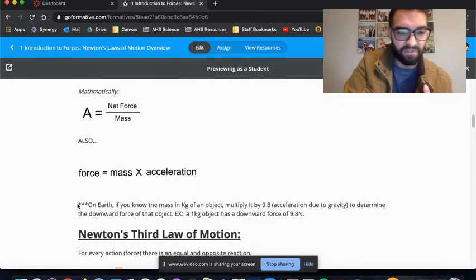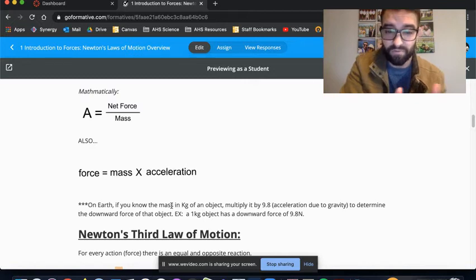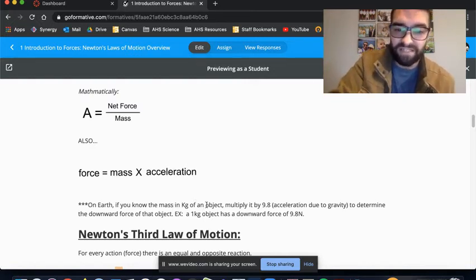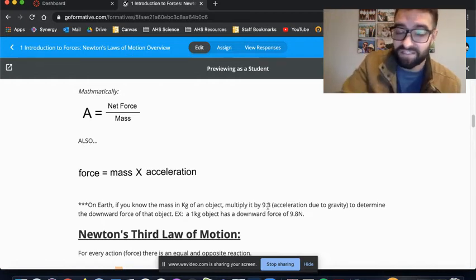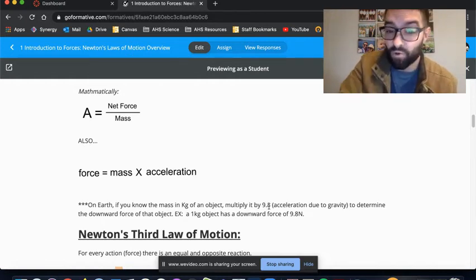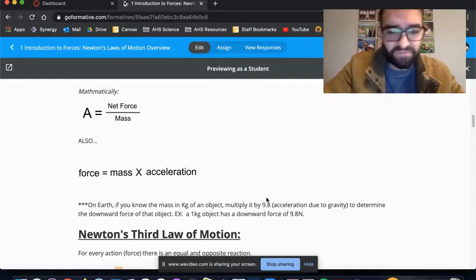Something also, a little note with this, if you know the mass in kilograms, so we're going to be using kilograms more often, mass of an object on Earth, you're going to multiply it by 9.8. That might sound familiar from our previous activity. That's the force of gravity, or the acceleration due to gravity. And so, again, that would be our acceleration, 9.8 meters per second squared.